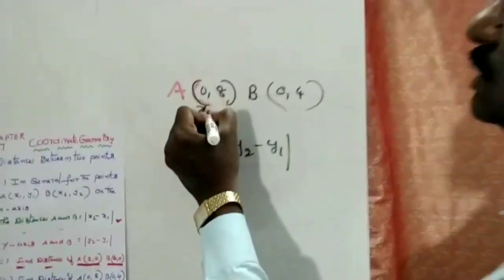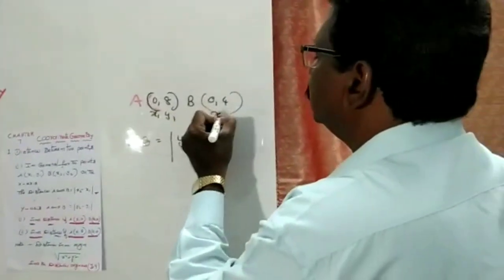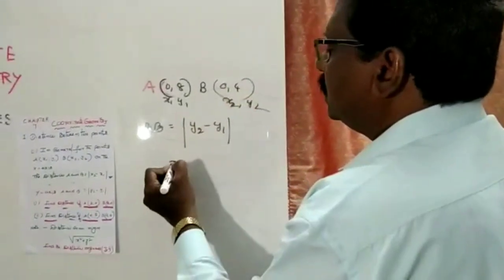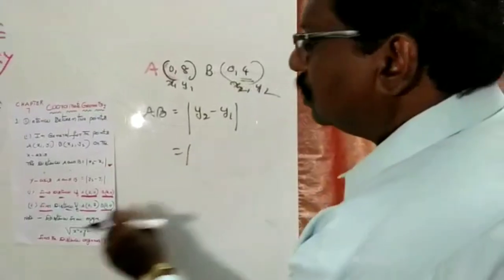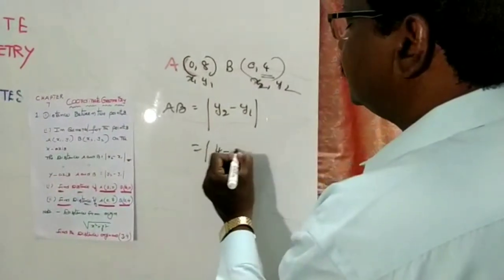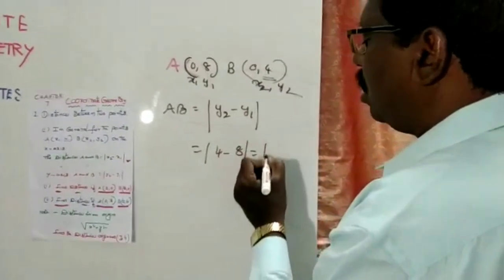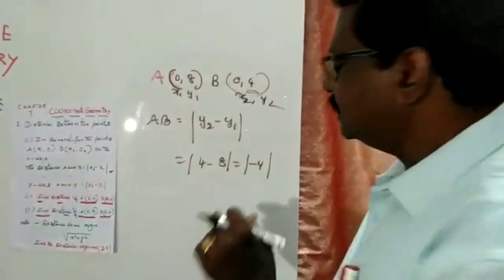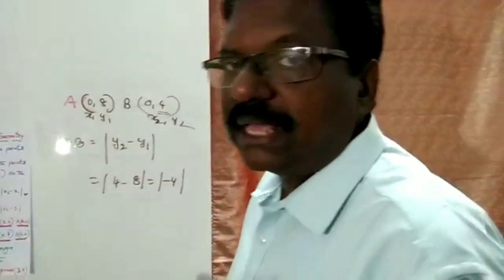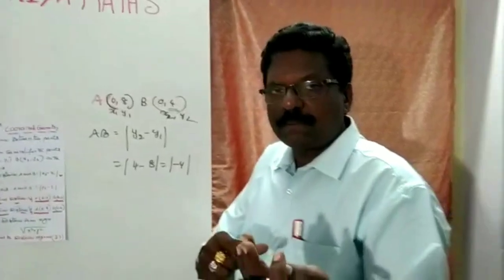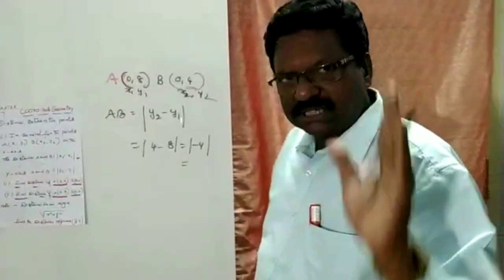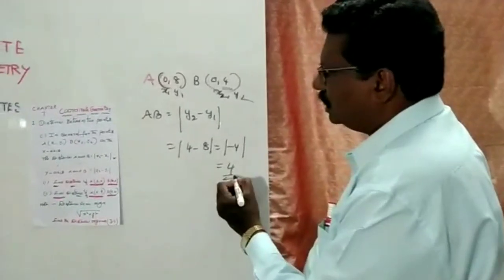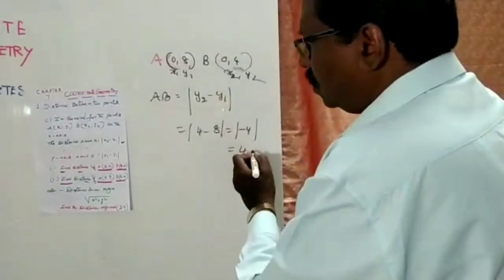Say this is x1, y1 and this is x2, y2. y2 means 4. 4 minus 8 is equal to mod minus 4. Already I said this symbol indicates the modulus. Modulus means you must take the positive value, 4. The distance between A and B is equal to 4.